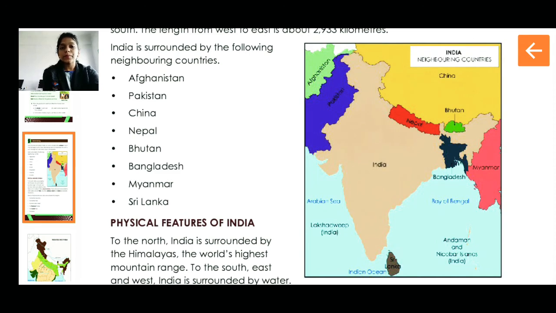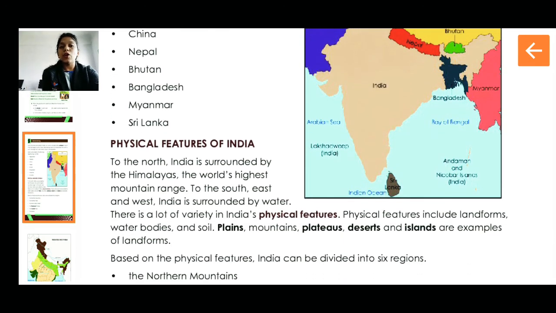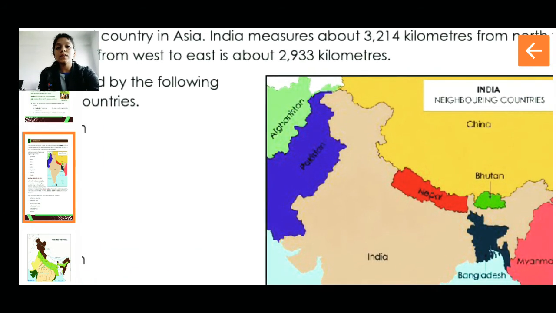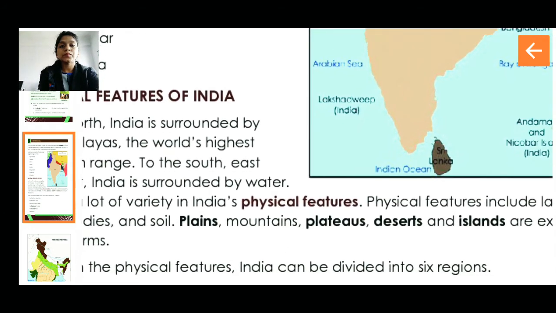Okay students? So now to the north, India is surrounded by the Himalayas, the world's highest mountain range. Okay, the world's highest mountain range, Himalayas, they are in the north side of India.